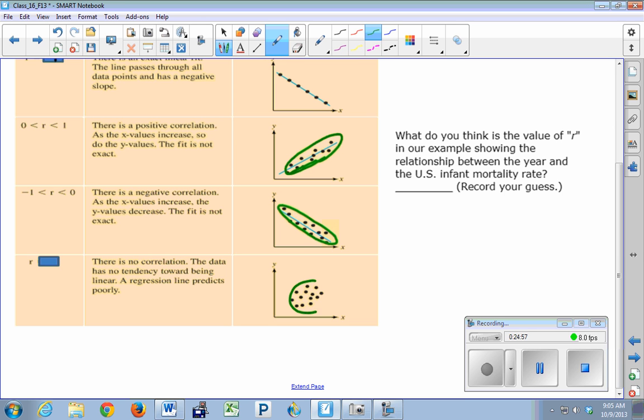Whereas this is like a circle. I could draw a line in any direction through that. There's no way I can capture any trend there because there isn't a trend. So this is a situation where we say the correlation is close to zero or zero. There's no tendency towards making a linear pattern in any way.